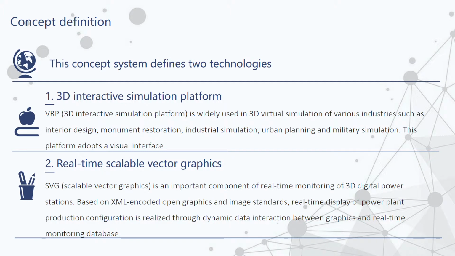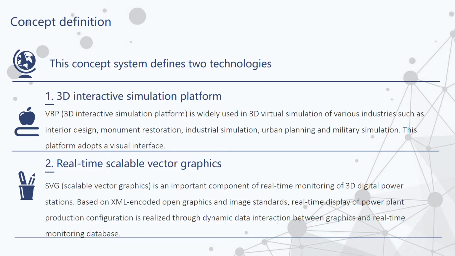And this part defines some technologies. The first technology is the three-dimensional interactive simulation platform. The VRP, a three-dimensional simulation platform, is widely used in the three-dimensional virtual simulation of various industries, such as interior design, monument restoration, industrial simulation, urban planning, and military simulation.